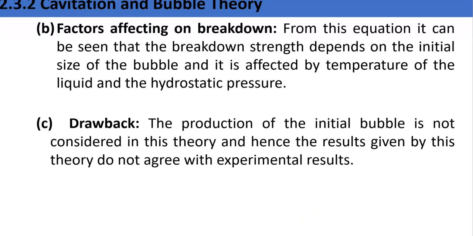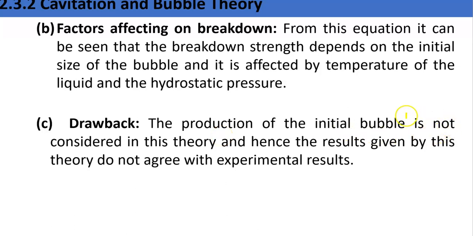What is the drawback of this theory? The production of the initial bubble is not considered in this theory, and hence the results given by this theory do not agree with experimental results. What is the meaning of that? We considered that bubbles will be there due to four reasons.